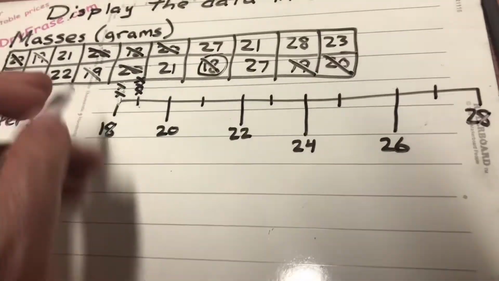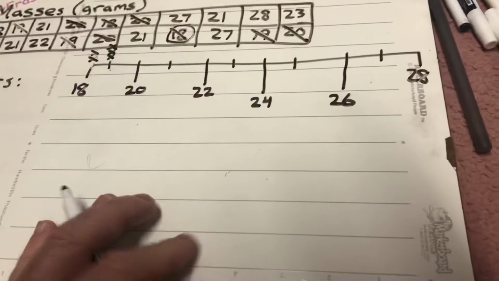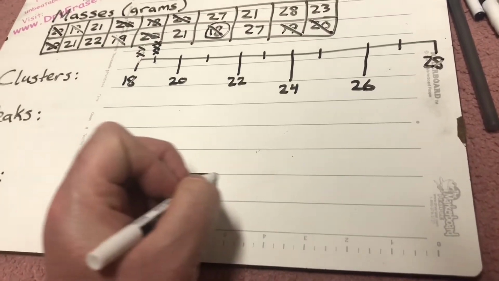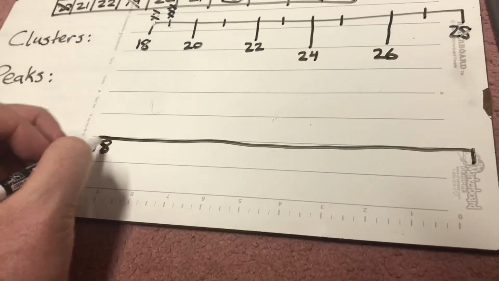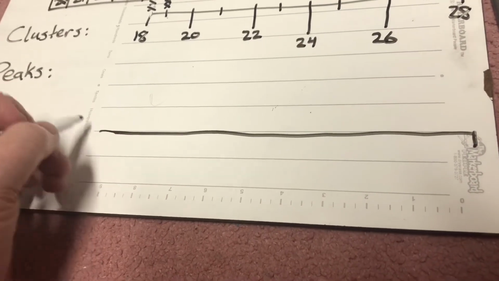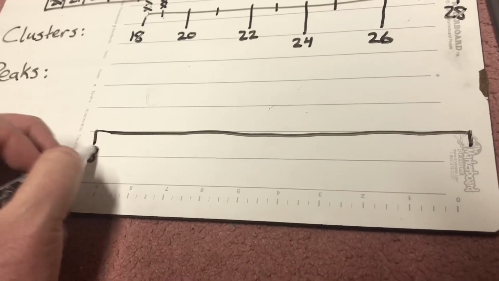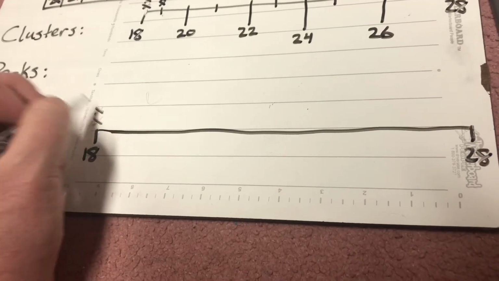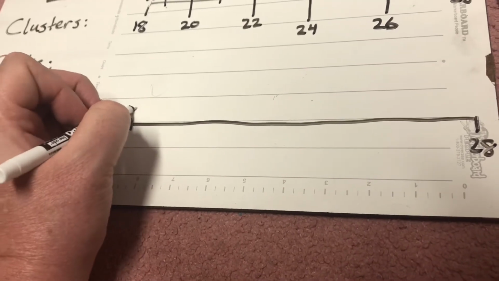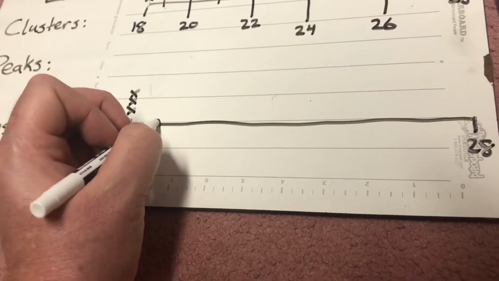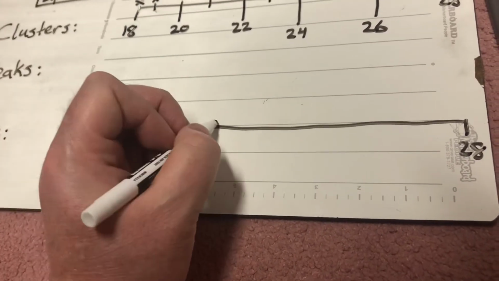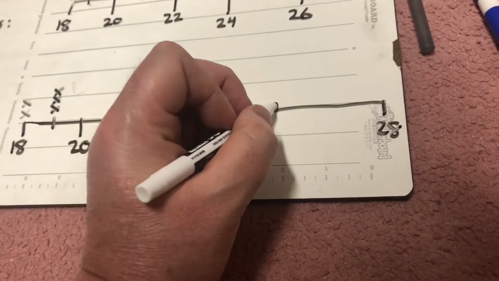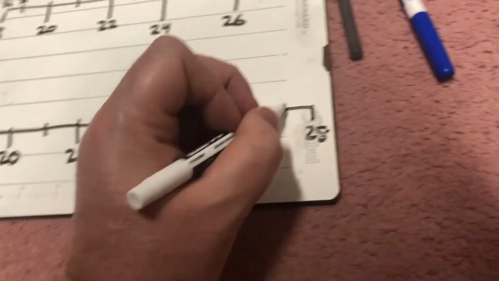All right, so what I'm going to go ahead and do is move this down. And I apologize for this, but 18 to 28. I know I have two 18s. I've got three 19s. That's going to be 20, 21, 22, 23, 24, 25, 26, 27.